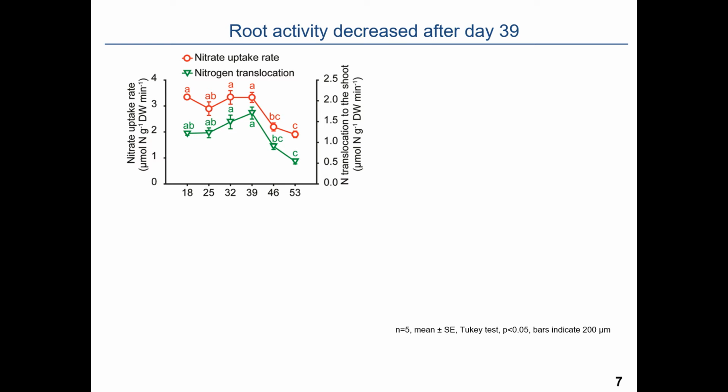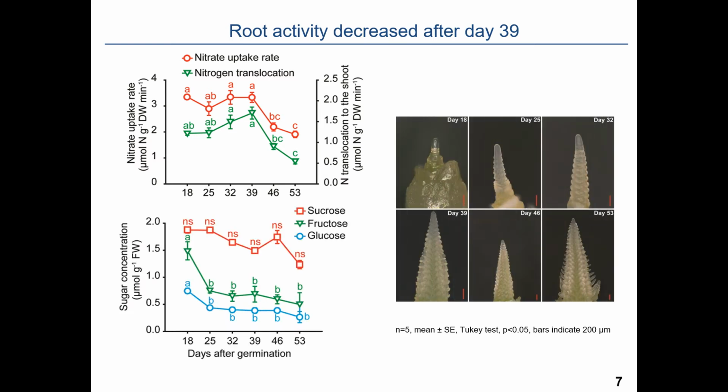So the red line, nitrate uptake capacity, was almost maintained at a steady level before day 39 and then dropped significantly. And there is a slight increase of translocation of nitrogen, but it also sharply decreased. Therefore, root activity sharply decreased after day 39.